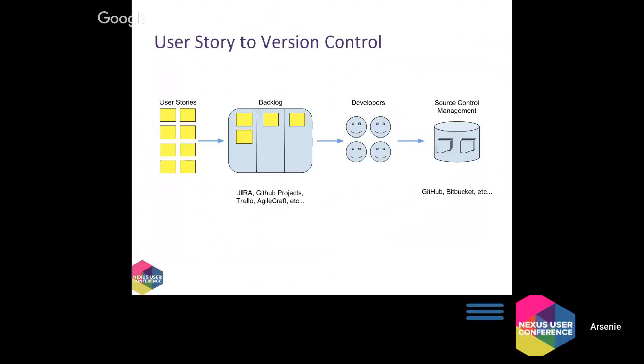It can also generate branches on your source control management. So in GitHub or Bitbucket, you can generate the feature branch and so on. That's the beginning of your pipeline. You can use the status change of the user stories as the trigger, or you can use either a commit or a pull request into your source control management tool.